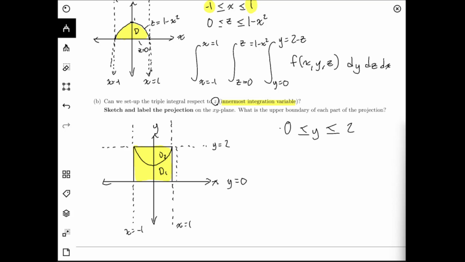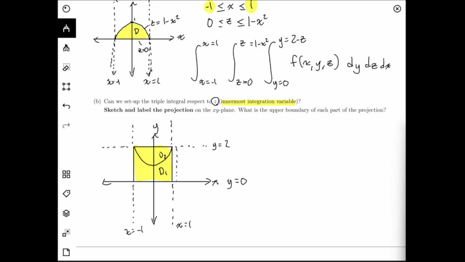But then for each of these, we need to go in the x direction. We have a lower and upper bound. That works fine here, here, here, and here, and then wait, we kind of got split in half. So we don't want to do any of that.